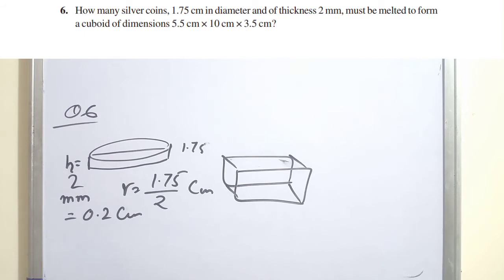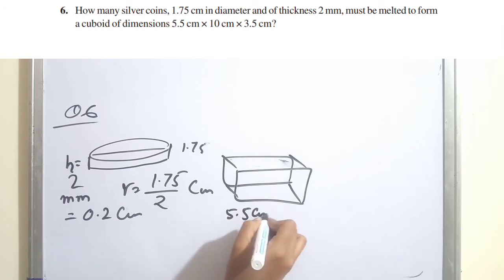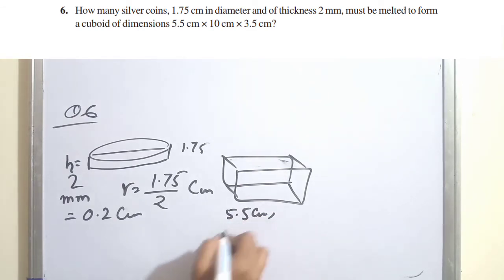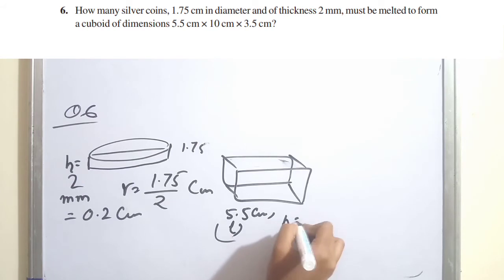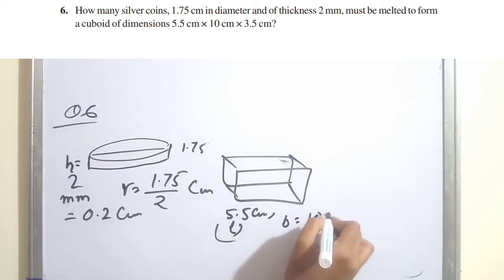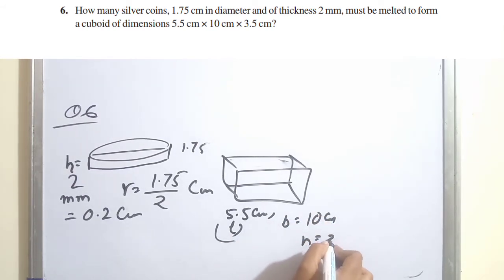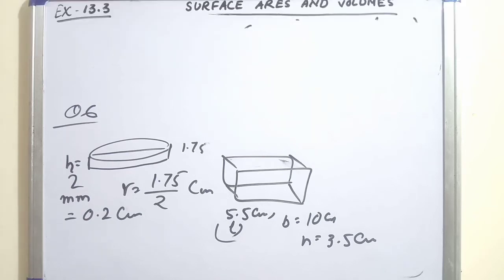And given that the length of this cuboid is 5.5 centimeter, and breadth 10 centimeter, and height 3.5 centimeter. So now you have to find how many silver coins must be melted to form a cuboid of this dimension.